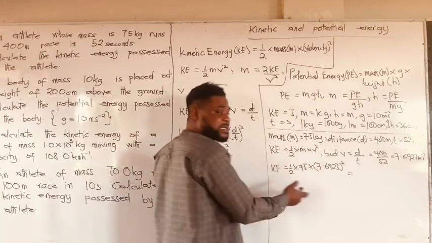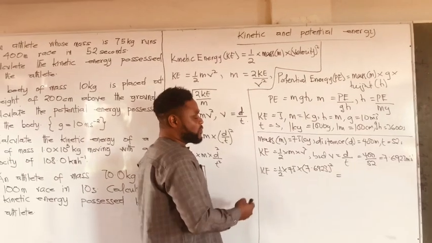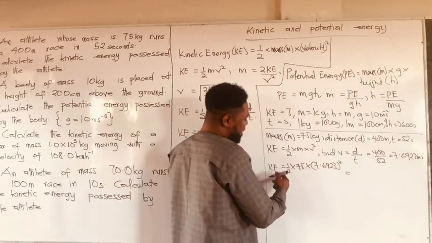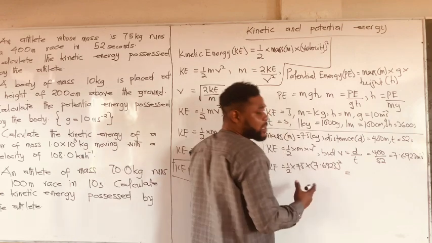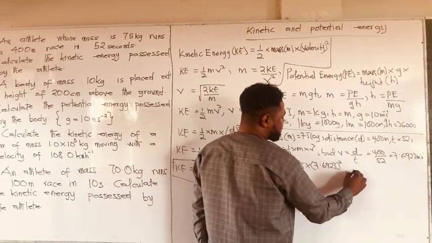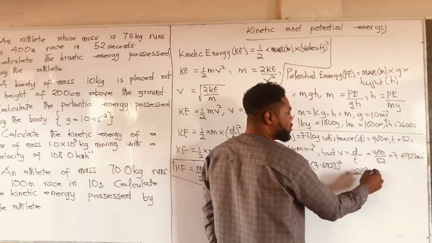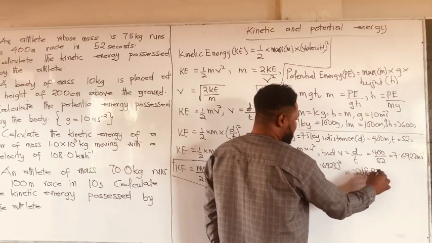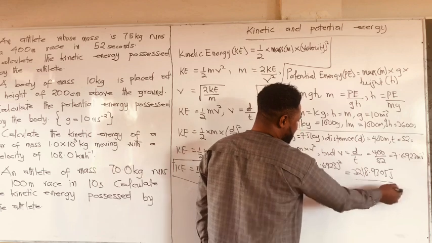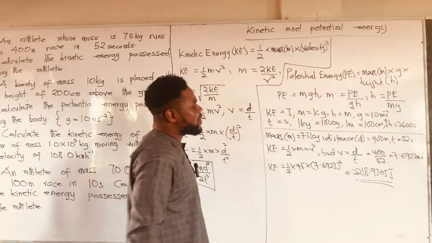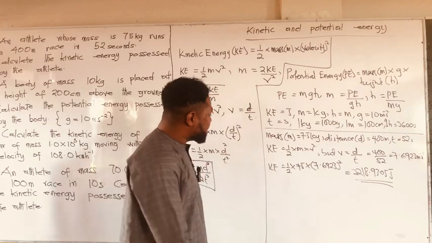When we fix this into our formula, that is half multiplying this times this, and that will give us approximately 2218.9305 joules, as we can see. So this is how we can calculate our kinetic energy.